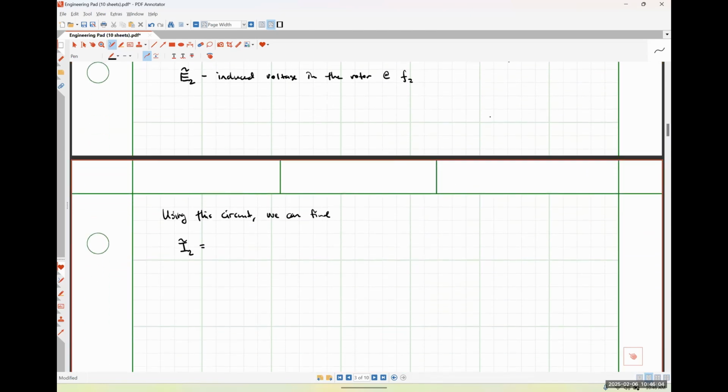I wind up getting a current of S times E2 divided by R2 plus jSX2. And this I2 is at our rotor frequency of F2, okay?